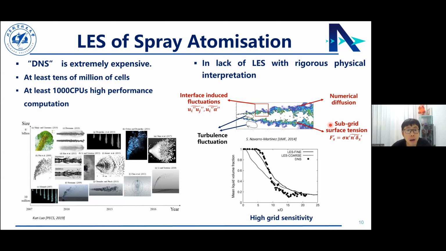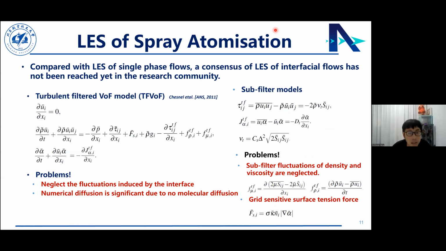And compared with LES of single phase flows, a consensus on LES of interfacial flows hasn't been reached yet in the research community. I will introduce two methods that are often used currently. First is the turbulent filtered VOF model. It's a very easy concept.